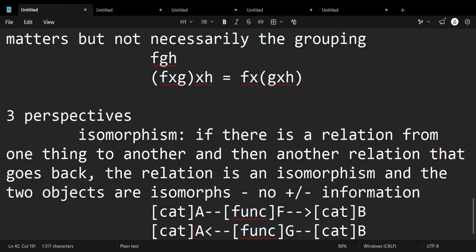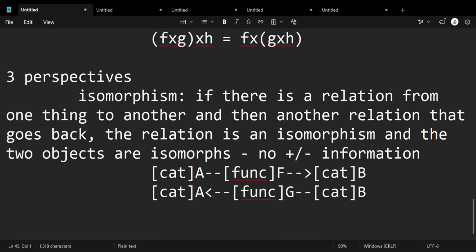They map to and back from each other perfectly. Okay? Now, I say that this is a perspective because this immediately leads into the next rule, which is equality.